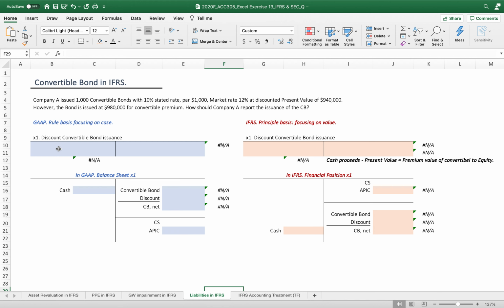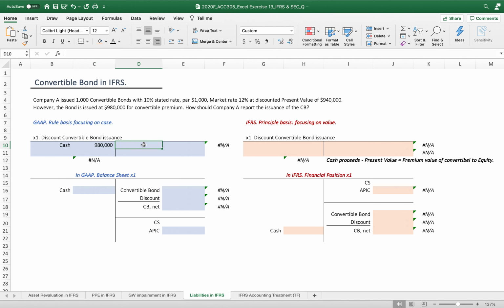Let's go to the GAAP first. Rule basis. We don't follow this calculation, the value of $940,000, but we put only 980. Here the cash proceed is now $980,000.